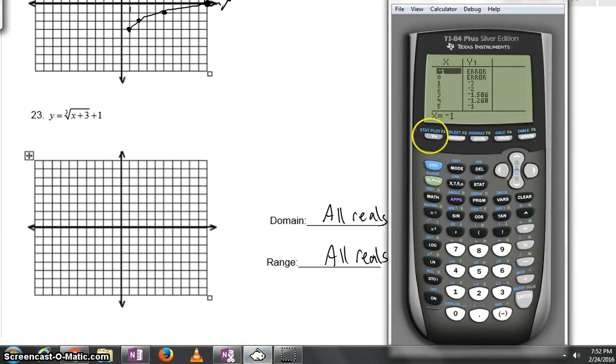So to finish this up, let's go to y equals. To get the third root, we press math. Come down here to number 4. And we'll type in x plus 3. Hit your right arrow to move out, and then hit plus 1. Now, of course, you can hit graph, and you can pretty much see that S shape taking place right here.